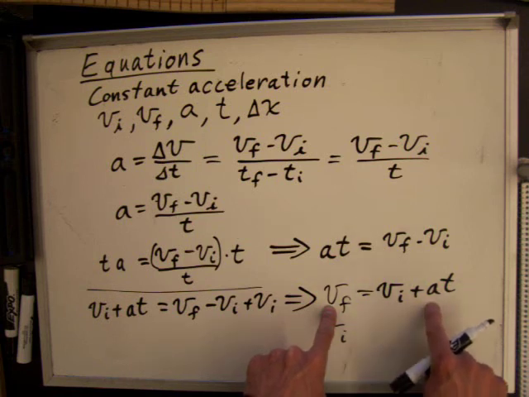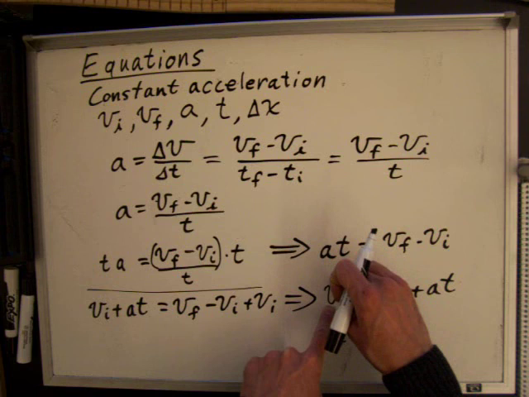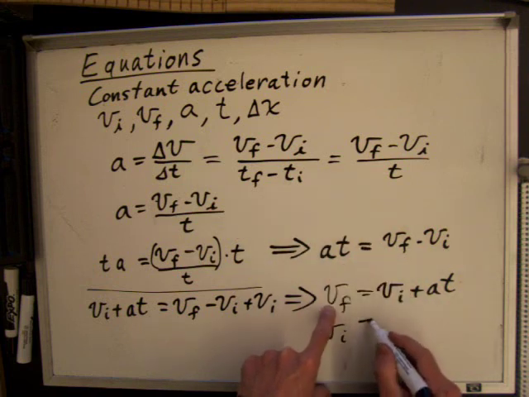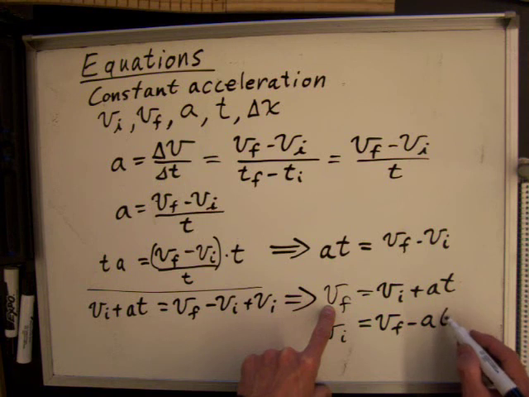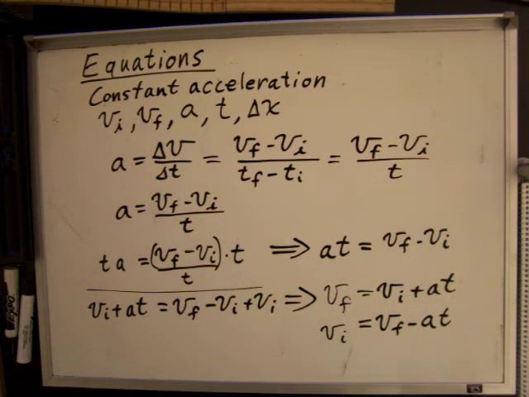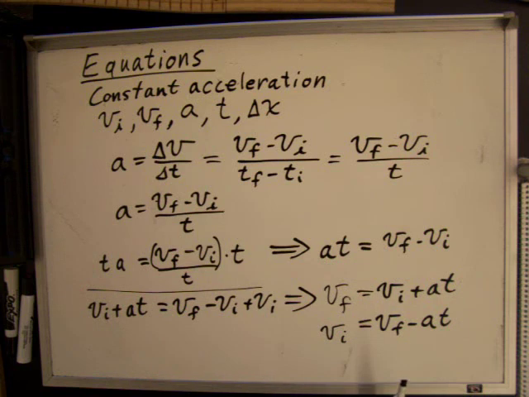So I subtracted AT from the right-hand side, then that would disappear. If I subtract AT from the left-hand side, I would get VF minus AT. So I'll just write that out. VF minus AT. So if you want to check that for yourself, take this equation here, subtract AT from both sides, and you should get this.